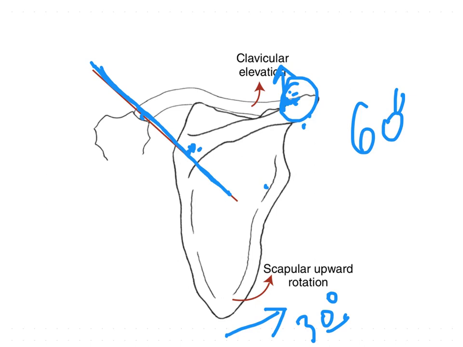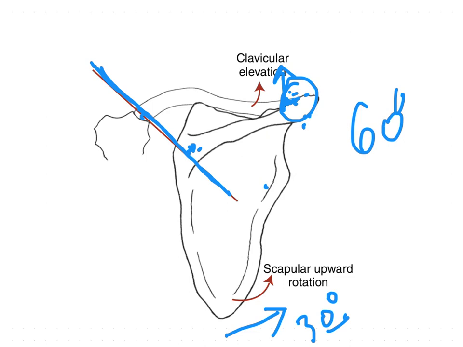So they permit some tipping, and about 10 degrees of winging of the scapula will be taking place, which maintains the scapula against the changing contour of the thoracic cage.